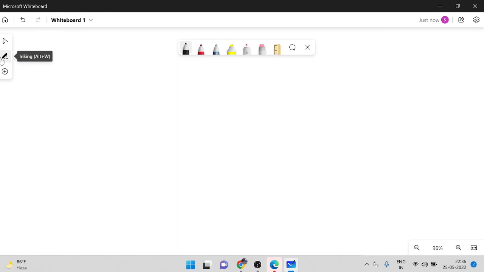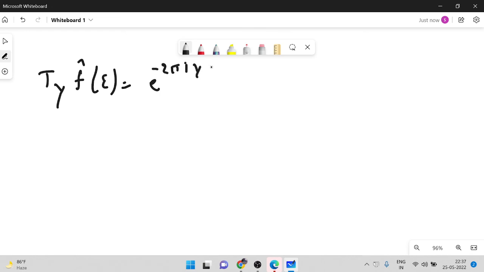So now I'll give some identities that we get from our Fourier transform. Your E_y is basically, if you have studied Fourier transform or Laplace transform, just a right shift operator.